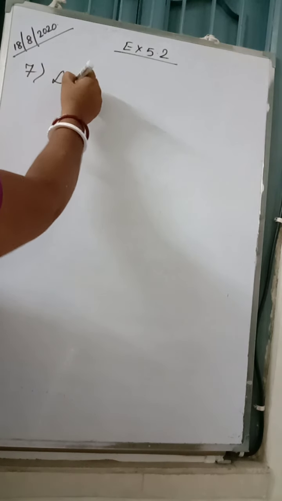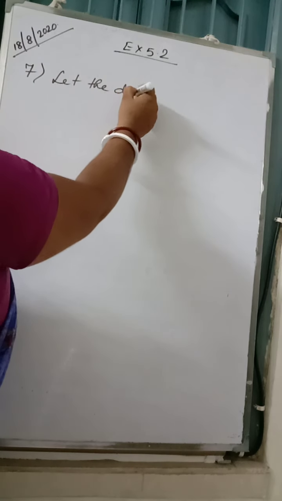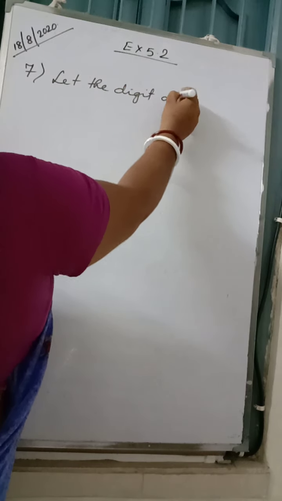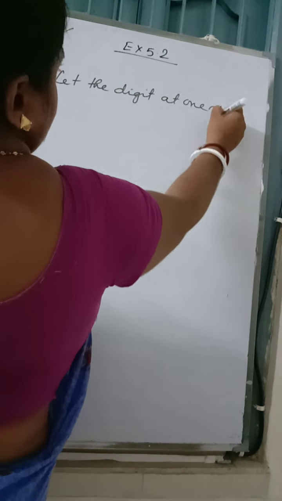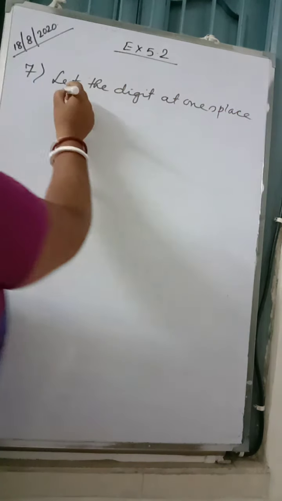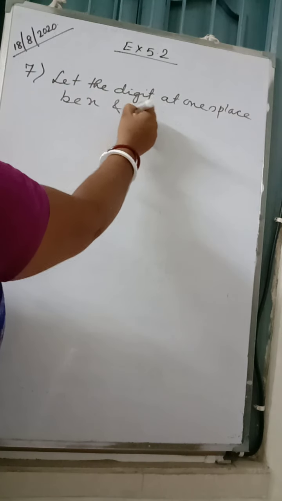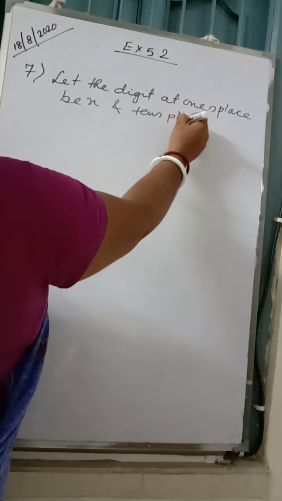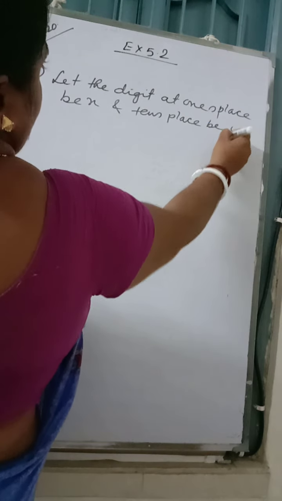Question number 7. Let the digit at one's place be x and the tens place be y.